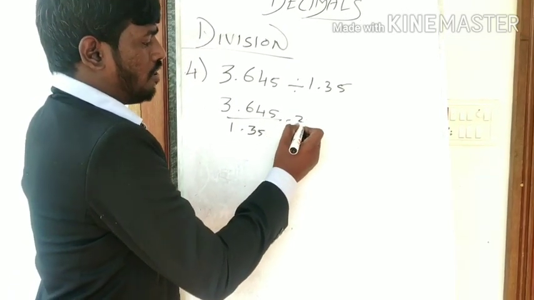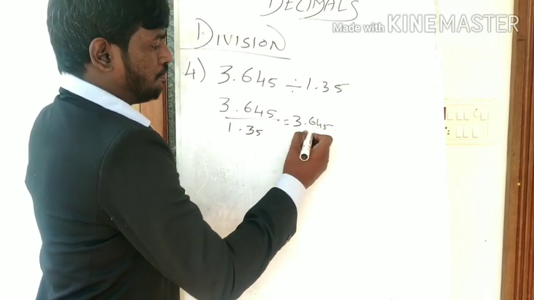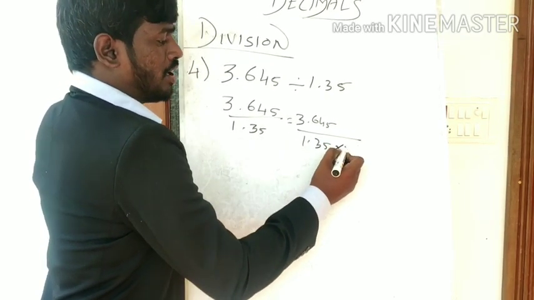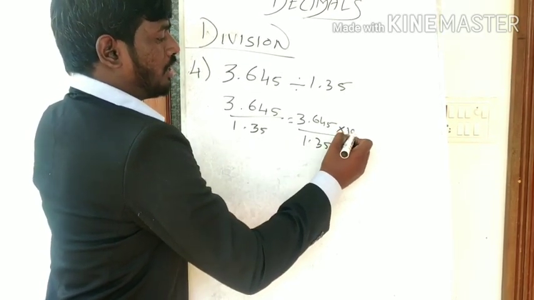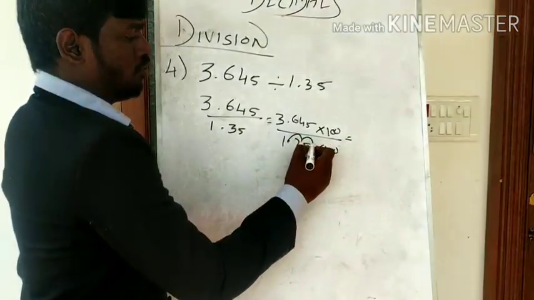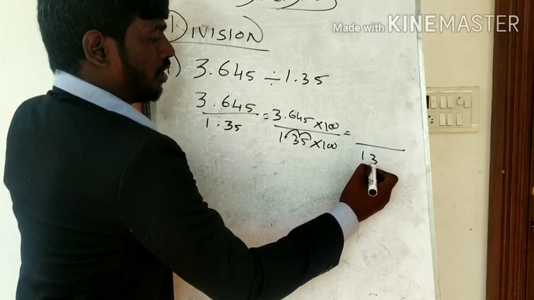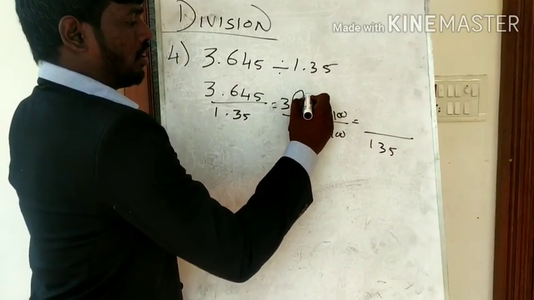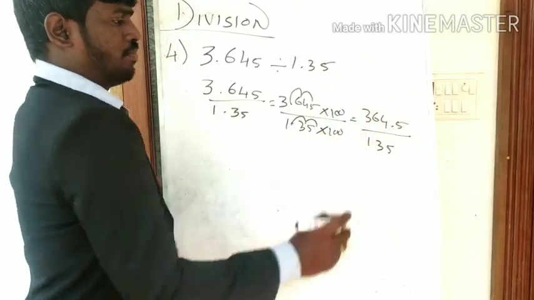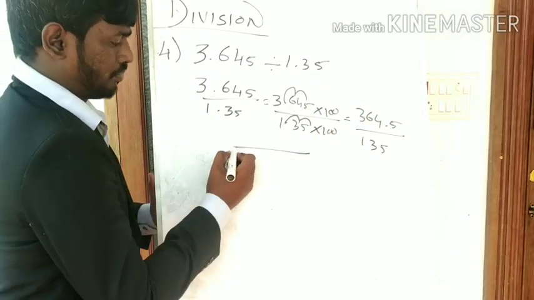That means 3.645 and 1.35, two decimal places, no? Then multiplied by 100, multiplied by 100. Multiply means right side. So 1, 2 zeros, divided by 135. Here same, 364.5.